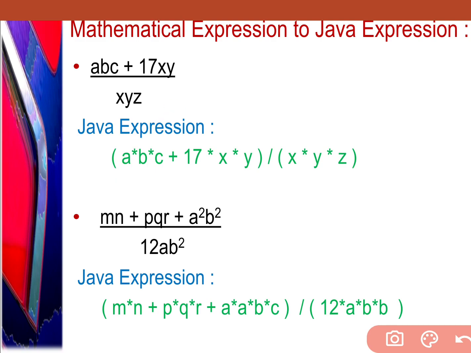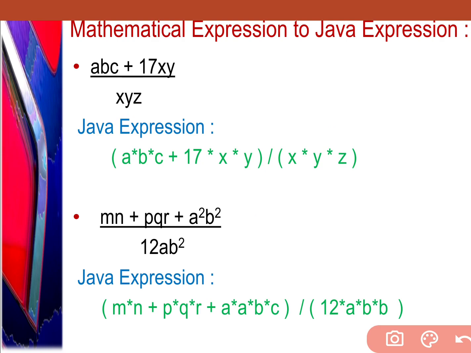The same way, 17 into x into y whole upon. You have to remember that in maths you write whole upon in this way, but in Java, in computers, we write it with a slash: a upon b, a slash b. That's why we are writing a slash over here. Then the same thing, x, y, z: x into y into z.